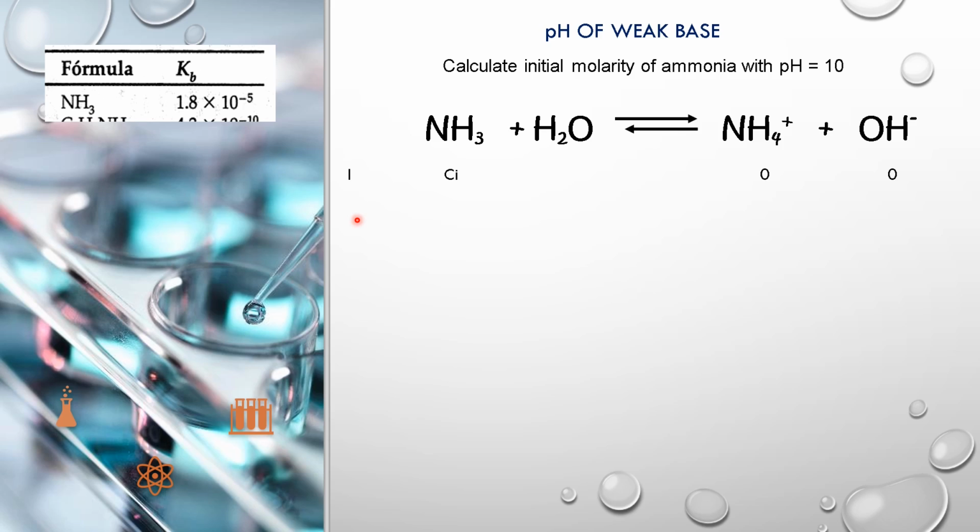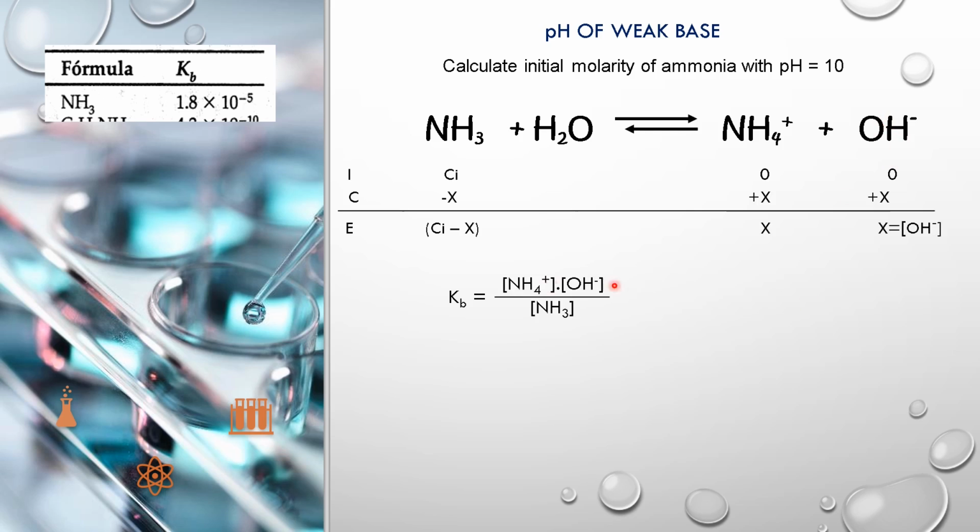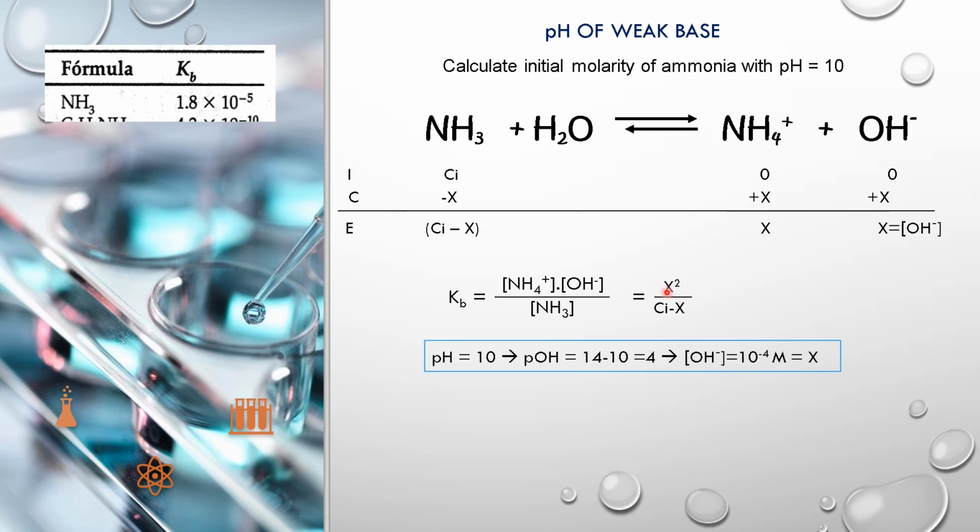And we establish the initial state. I don't know what the initial concentration is, so I symbolize it like this. The change is all with ones: one ammonia, one ammonium, and one hydroxyl. And we have here the equilibrium state. Please note that X equals the concentration of hydroxyls. So we write the expression for the equilibrium constant and we replace with the equilibrium state data. Now, how much is X?